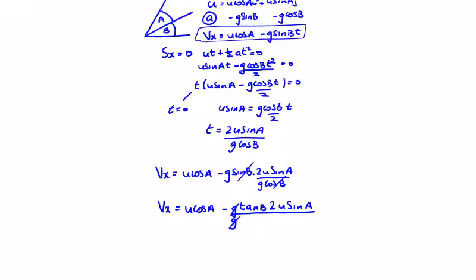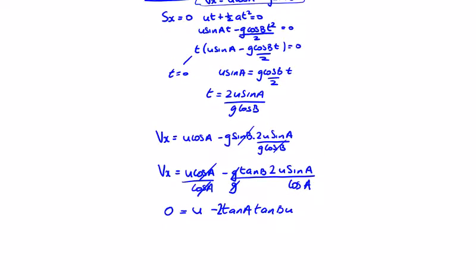And if you see the sine a, we want tan a. If I divide this by cos a, we get tan a. So dividing both by cos a, v of x is equal to 0. So I'm going to get 0 is equal to u, these cancel, minus tan a from the sine a over cos a, and I'm going to have tan b. I'm also going to have the 2 in front, and I'm going to have my u.